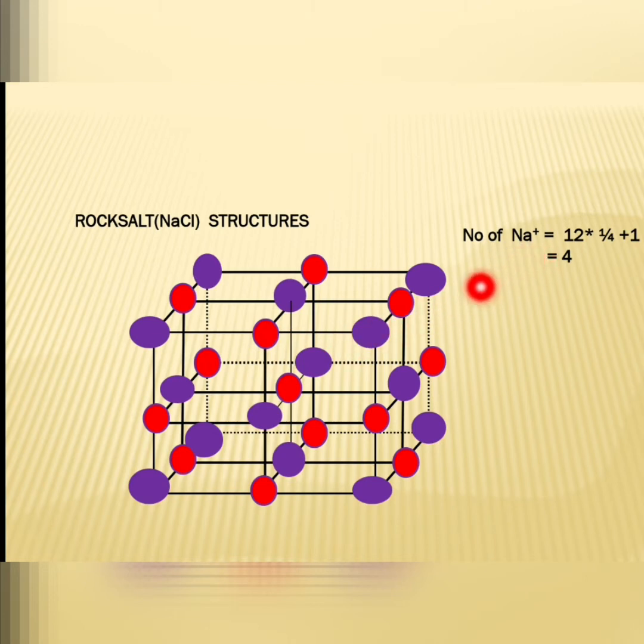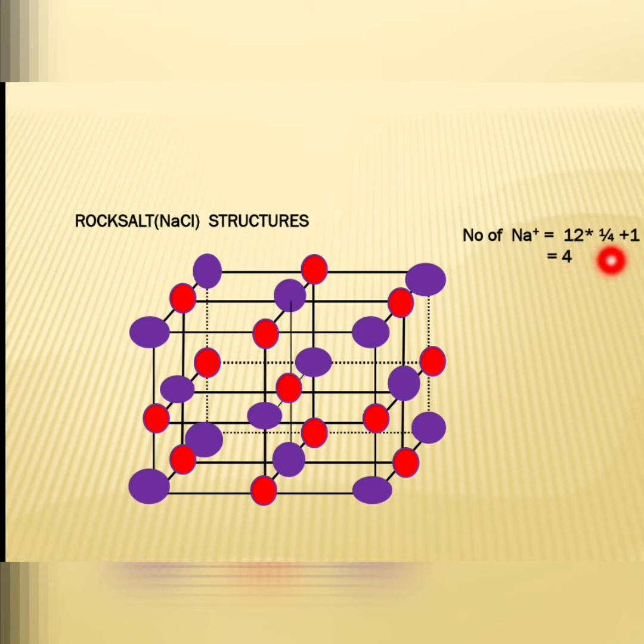There are 12 Na plus ions in the edge centered positions, and one edge is shared by 4 unit cells, as I showed in one of my previous videos for corners, edges and faces. So the edge contribution is 12 into 1 by 4, and 1 ion in the body center contributes 1.